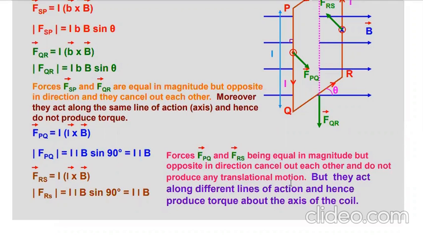But the rotational effect will be non-zero. They act along different lines of action and hence produce a moment of force, that is torque, about the axis of the coil, and hence the coil starts rotating.